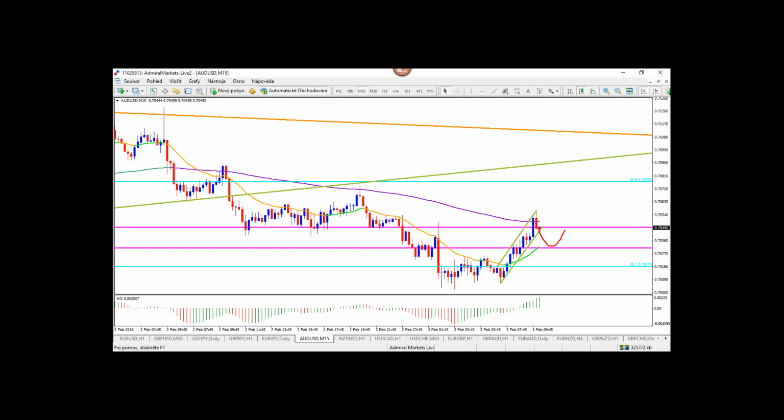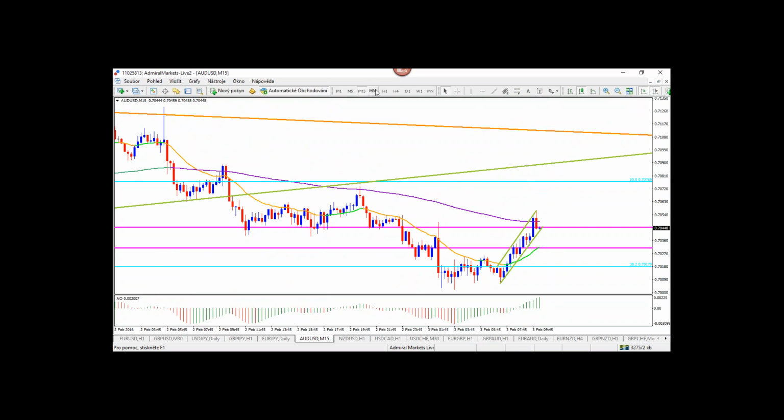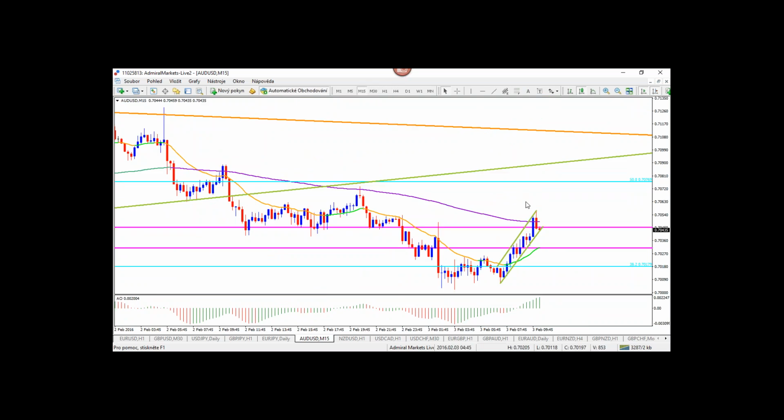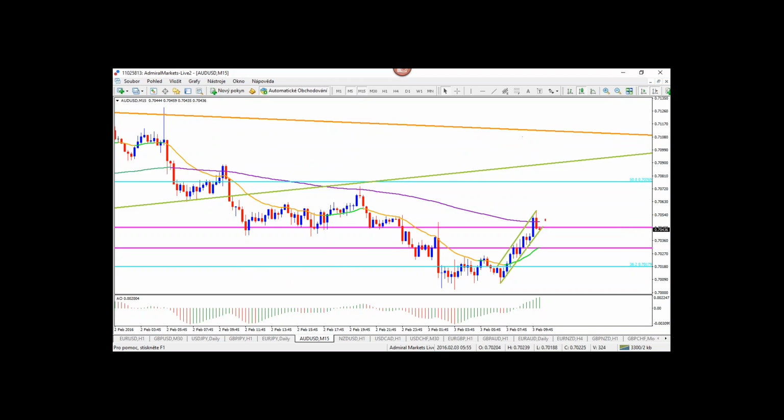Or a 15-minute hook back like this. All right. Yeah, so I think it's an interesting spot. It definitely could be a turnaround spot, and continue.